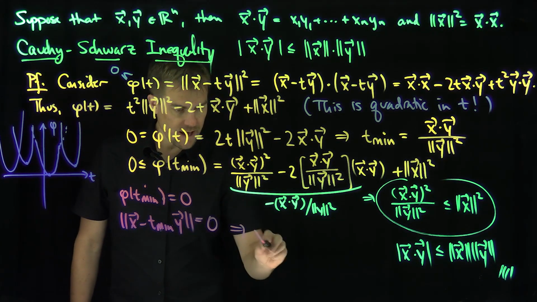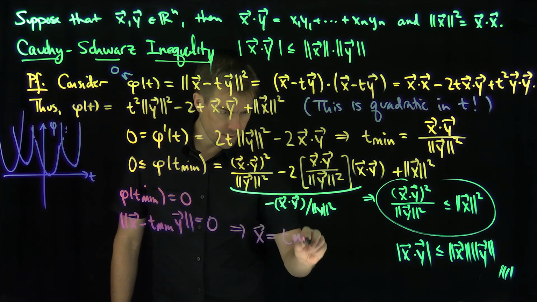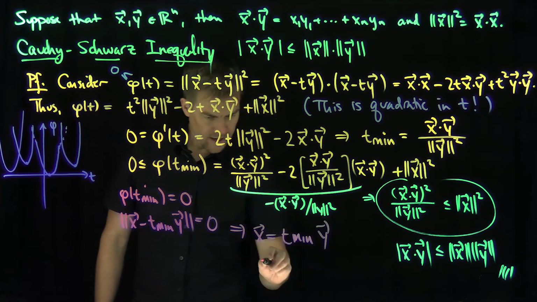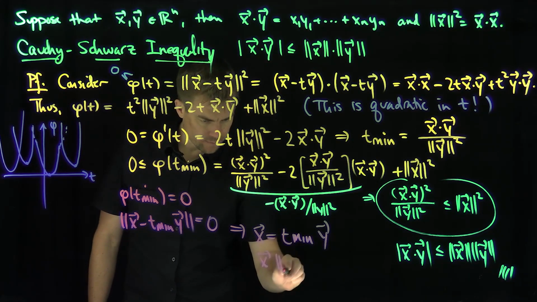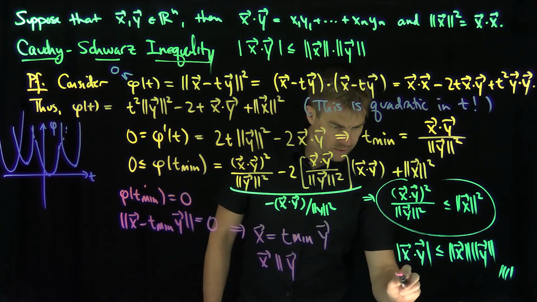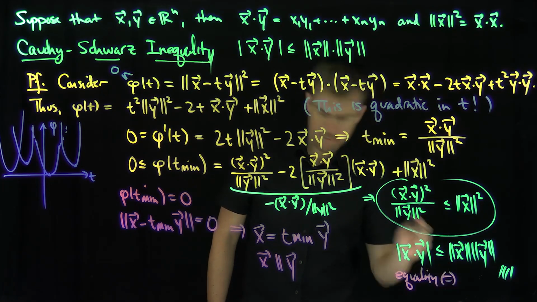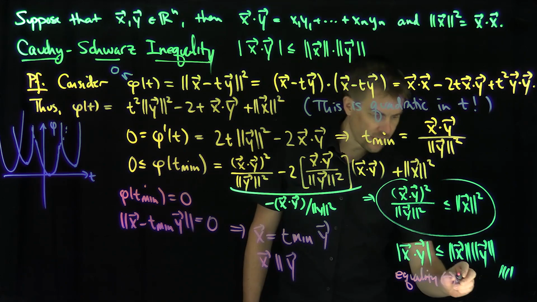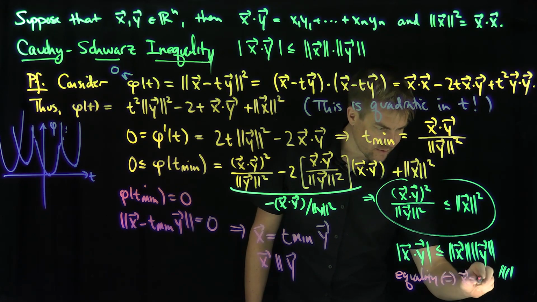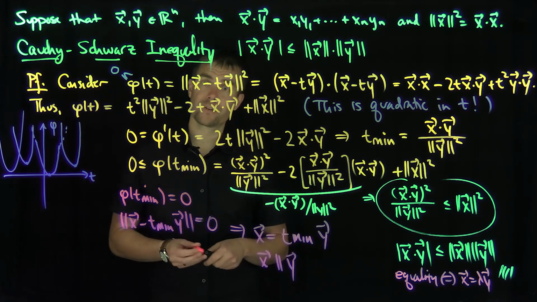So that says that x is equal to t min y, and that says that x is parallel to y. So equality in Cauchy-Schwarz happens if and only if x is a multiple of y, lambda times y. In other words, if x and y are in the same direction, Cauchy-Schwarz gives you equality.